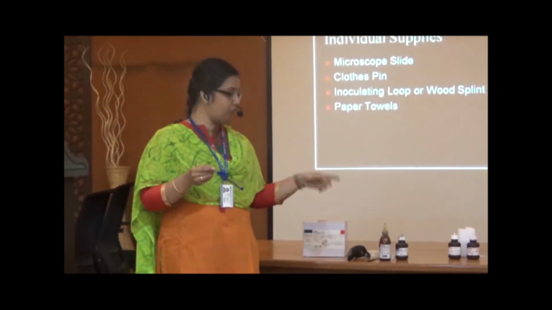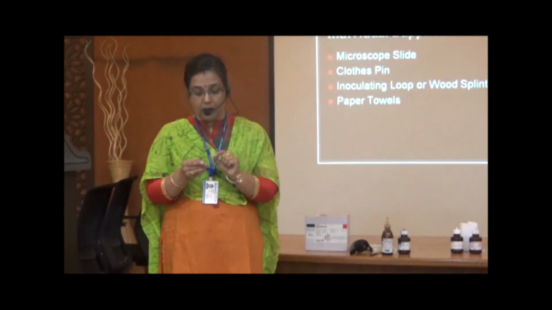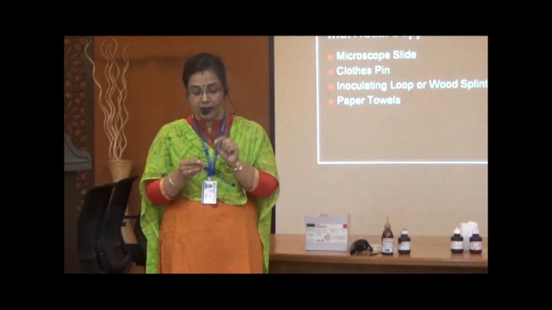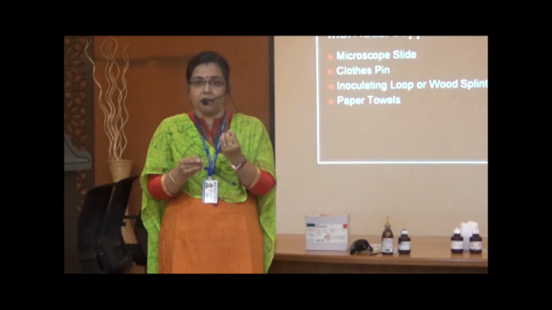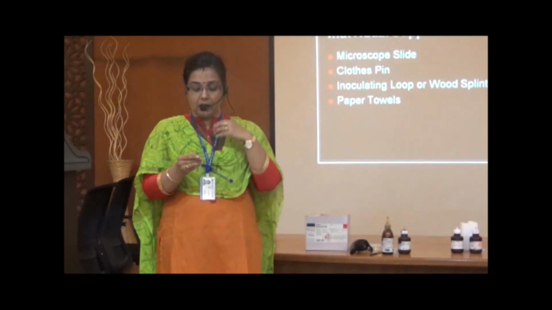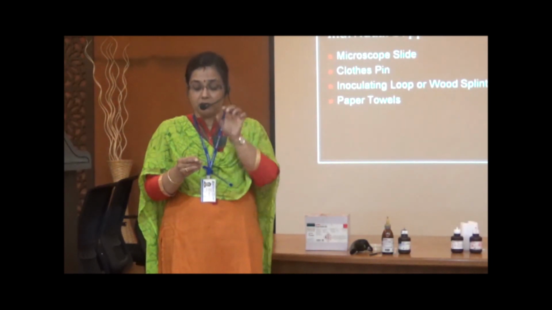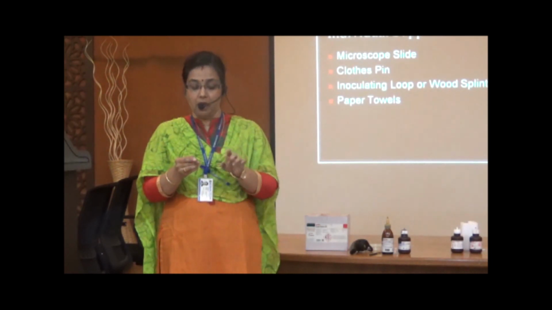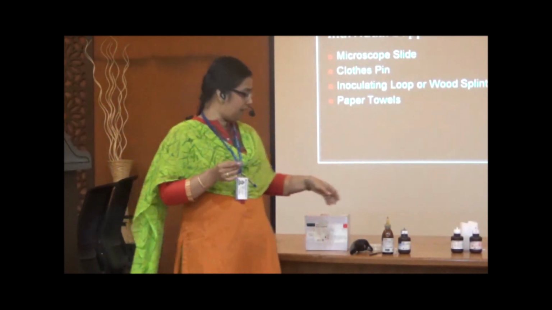The function of gram's iodine is that the firstly added crystal violet stain is completely absorbed by the microorganism, and the gram's iodine is helpful to fix the crystal violet to the cell wall of the bacteria. After 1 minute, we again wash off the gram's iodine.